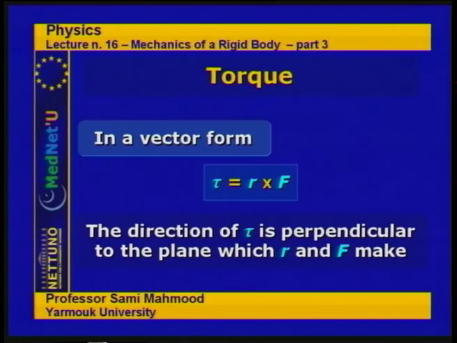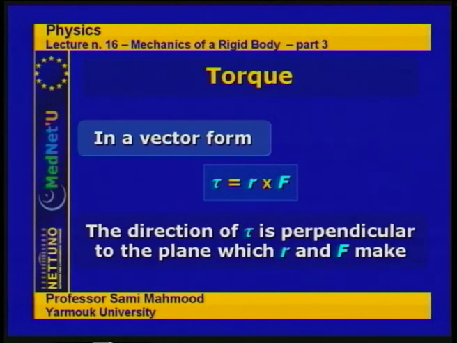Thus, the torque as a vector quantity is perpendicular to the plane in which the position r of the point where F is applied and the vector of the force F lie, where that plane has a normal to it or a perpendicular direction to it, and that perpendicular direction is the direction of the torque.